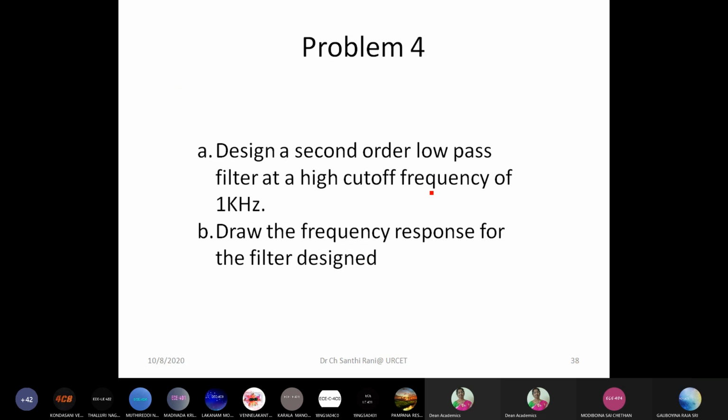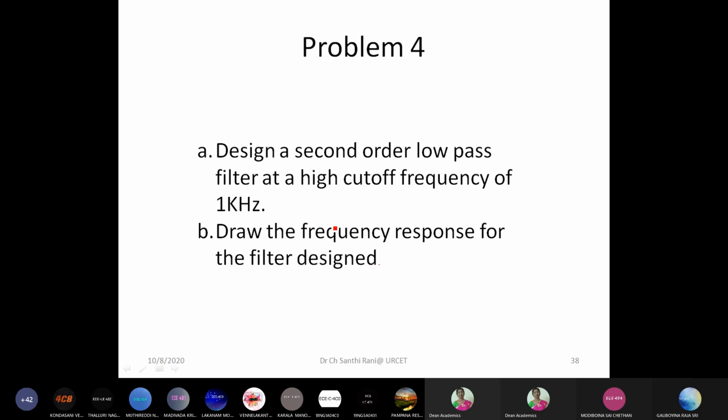That's all, right? Based on this knowledge, we have done one problem, that is, second order low pass filter. Design a second order low pass filter at high cutoff frequency of 1 kilohertz. We have done this problem in a very clear cut manner. And again, draw the frequency response for the filter design.